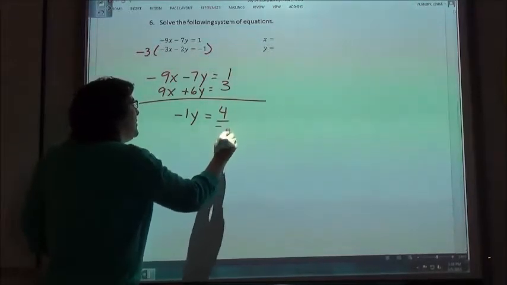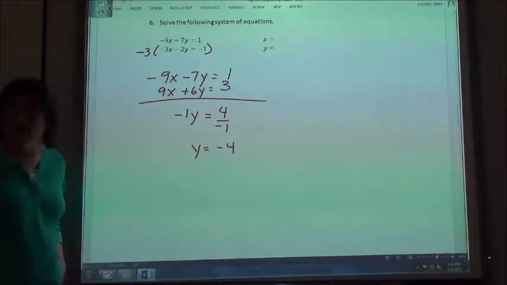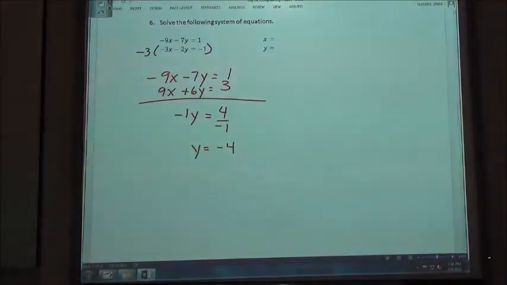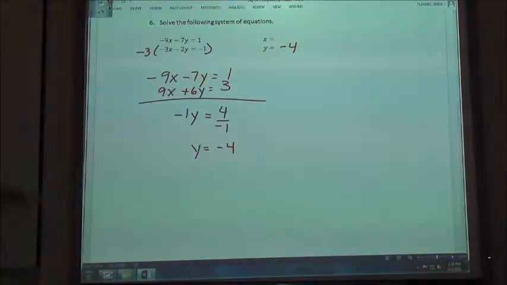And when I divide then, y equals negative 4. So once I find y, I have to go back and find x. Which equation looks easier to use, the top one or the bottom one? Bottom one looks easier to me too, the numbers aren't as big.